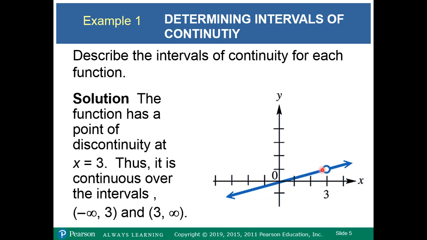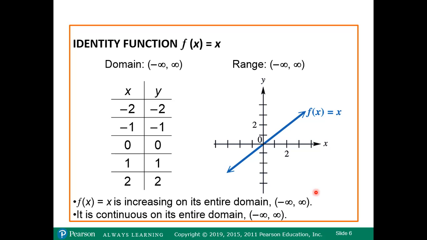Okay, and we call this a discontinuity. A hole in the graph is an example of one type of discontinuity. In this case, this is the identity function, f of x equal to x, which has a domain of all real numbers and a range of all real numbers. f of x equal to x is increasing on the entire domain.